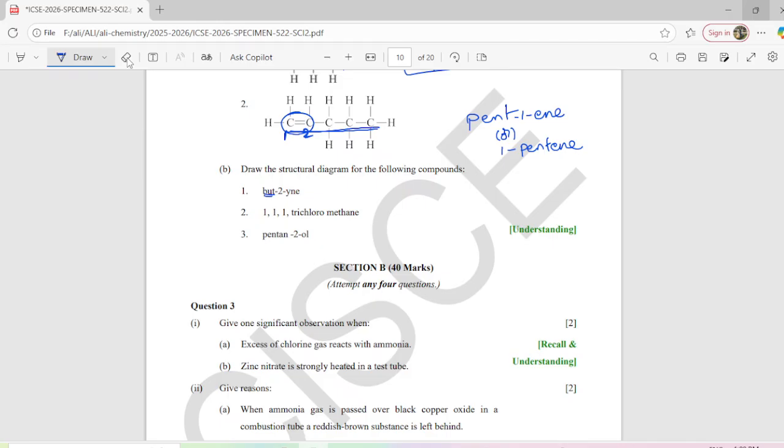Now draw the structural diagrams for the following compounds. So first you need to see what is the root word there. It is but. So you need to take 4 carbons. And it is saying second carbon has yne, triple bond. So if you take this as the first, second, third, fourth, second and third will have a triple bond, remaining will be single bonds.